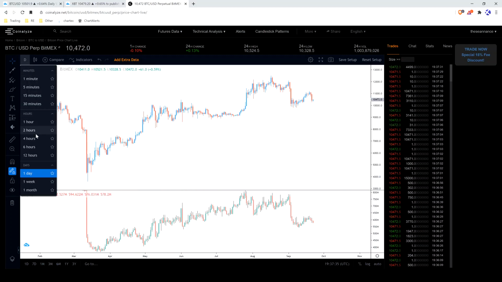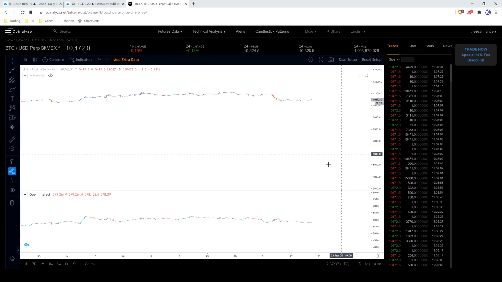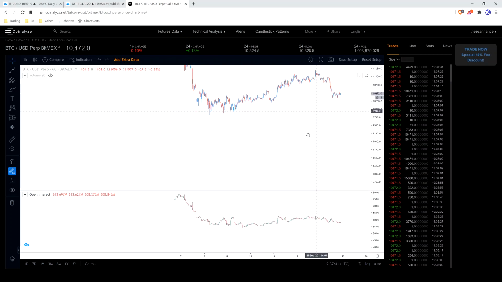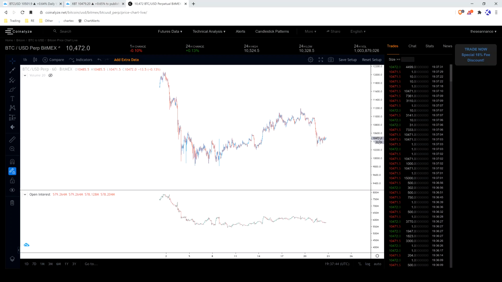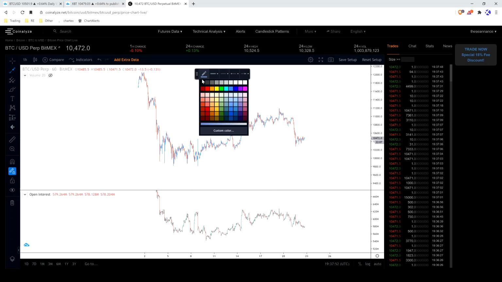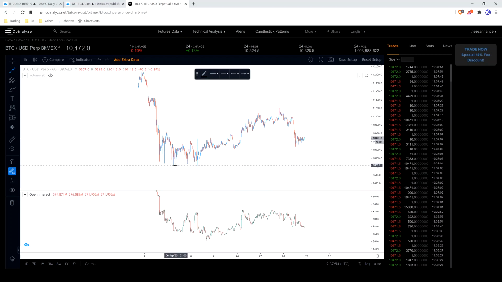If we go down to the 1 hour, you can see that price was rising through this entire move from here to here.